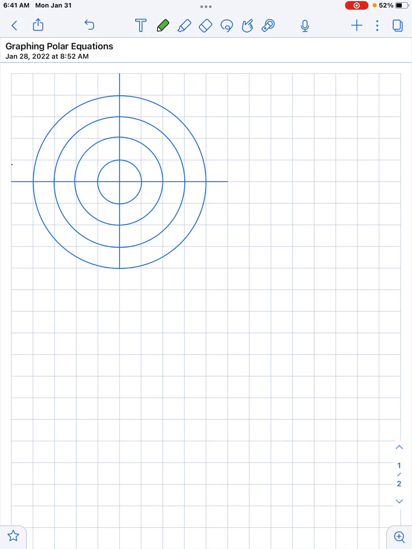So first of all, let's look at some vocabulary. On a rectangular coordinate system, we have an x-axis and a y-axis. On a polar coordinate grid, we have what's called the polar axis, and the polar axis is this axis here.